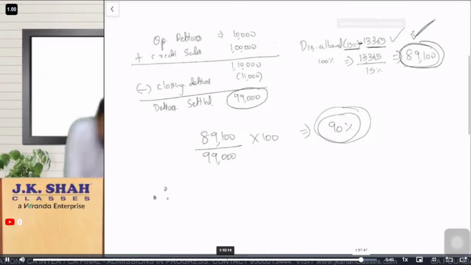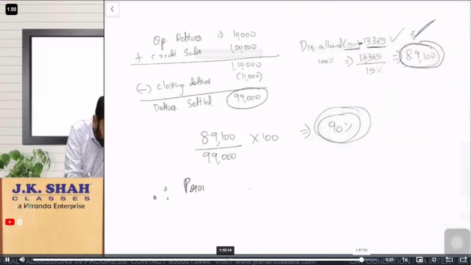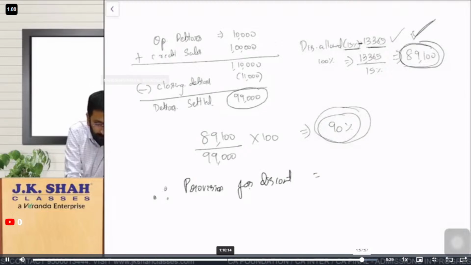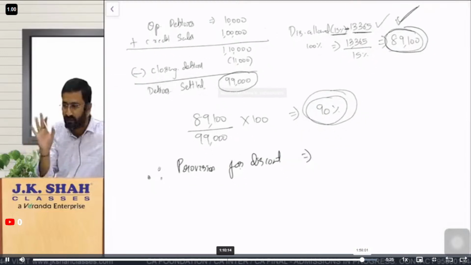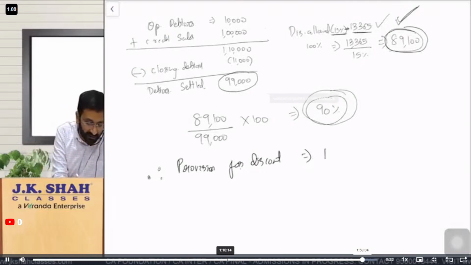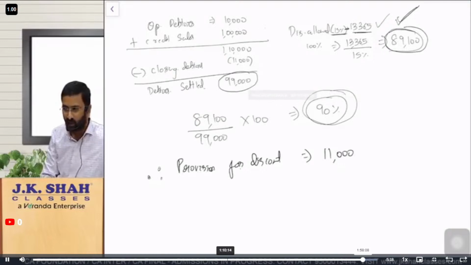Therefore, listen first, the provision for discount will be as follows. I'll give you time to write down. What is the closing debtors? 11,000. Do you think the entire 11,000 will do prompt payment?